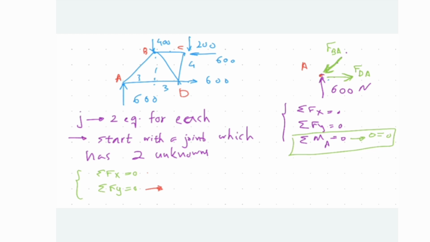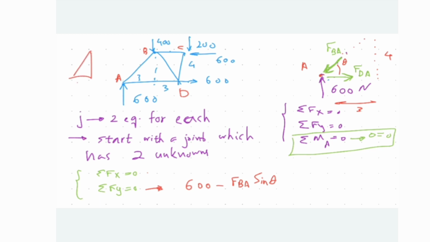If we consider this triangle over here, I have 4 over here, and I know this is 3, and let's name this angle theta. Sigma of y: I have 600 positive going upward, and minus FBA times sine of theta equal to 0.